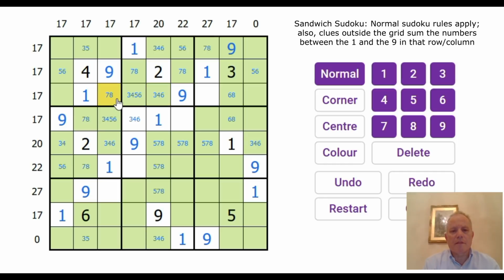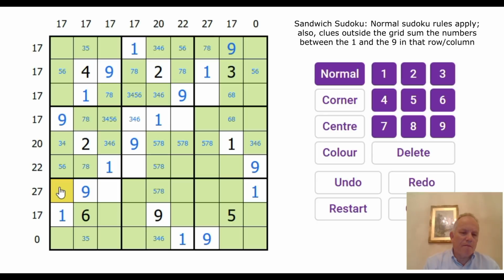Oh yeah, you can. That could be a 7 with 6 and 4. No, it couldn't be 6 and 4. Yes, if this is a 6, it has to be an 8. Now that means that between those two cells, 8 has been used in this row. So this can't be an 8. No, I don't think that proves anything.